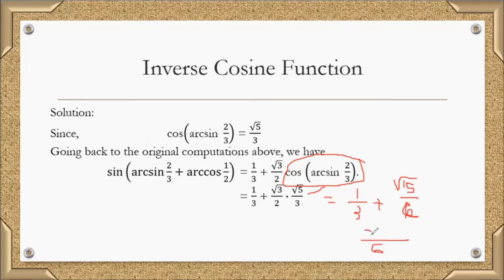At sa taas naman ay 2 plus square root of 15. Ayan. Okay, so ito na yung ating result. So, 2 plus square root of 15/6. Ayun ngayon yung value ng ating sine of arc sine 2/3 plus arc cosine 1/2. And that's it.